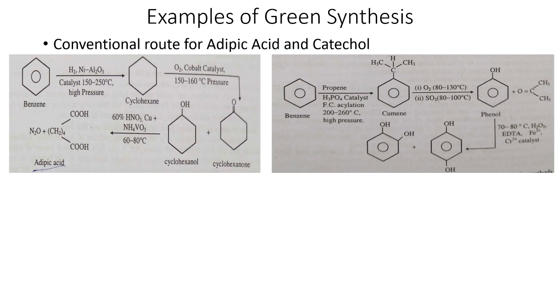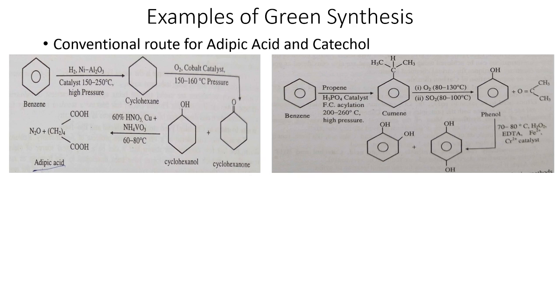So the next step requires H2O2, which is a highly corrosive reagent and needs special storage and handling precautions, making the procedure tedious. So this reaction converts phenol into catechol along with another byproduct called hydroquinone. Okay, so generation of acetone and hydroquinone in this entire process causes great burden on the environment.